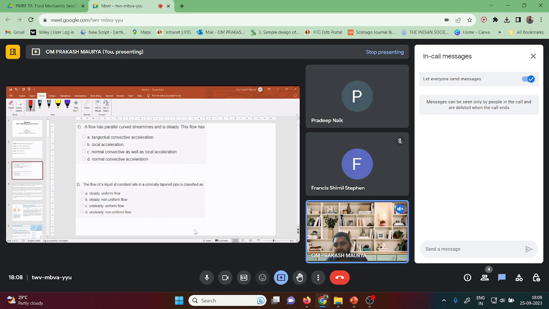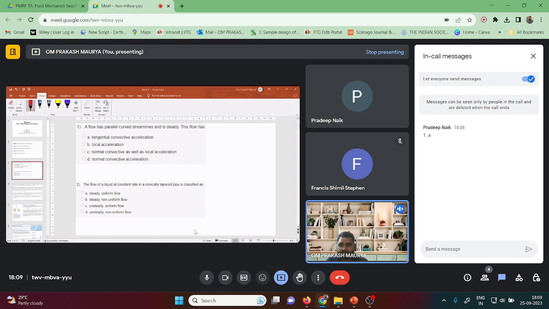Basically we have discussed earlier the straight streamline questions, and I think one day I also told about the curved streamline to all. So please remember that and give the answer to the first question. Which acceleration will be there?